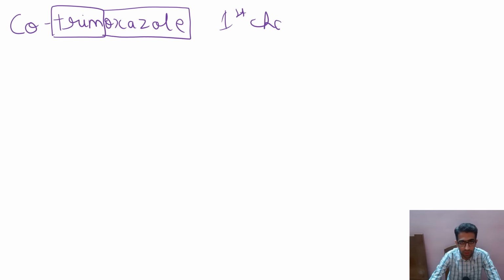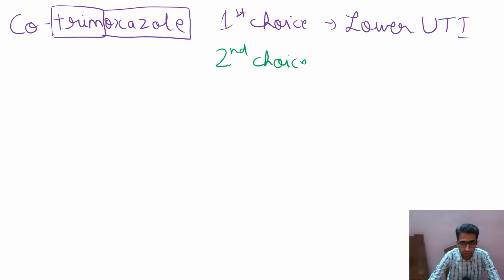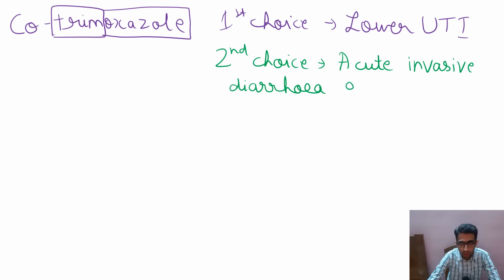So this is the first choice in the case of lower urinary tract infection, and it's a second choice drug in the case of acute invasive diarrhea or bacterial dysentery.